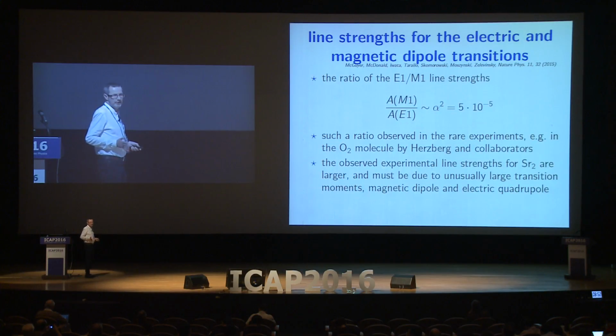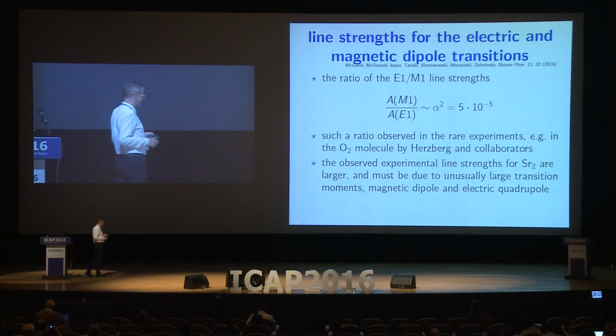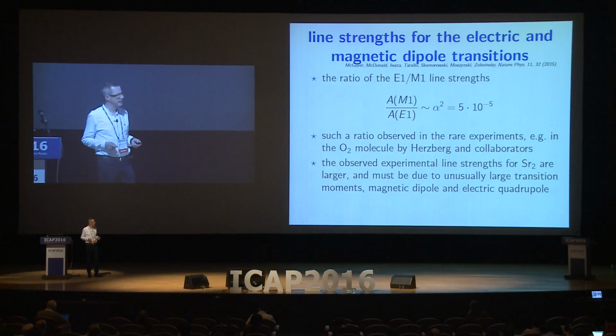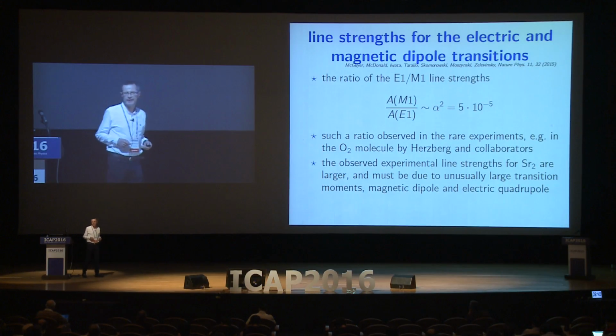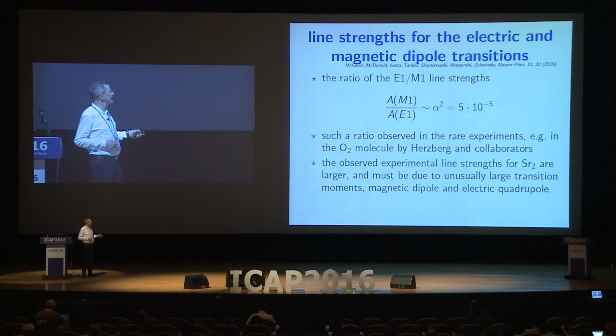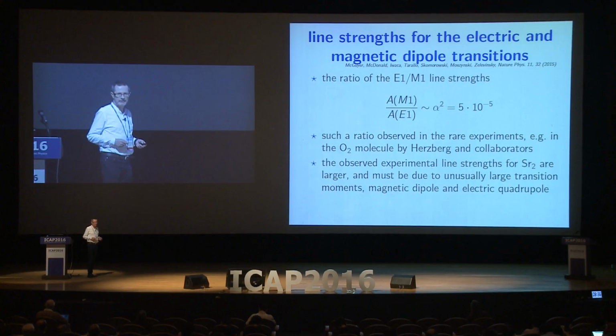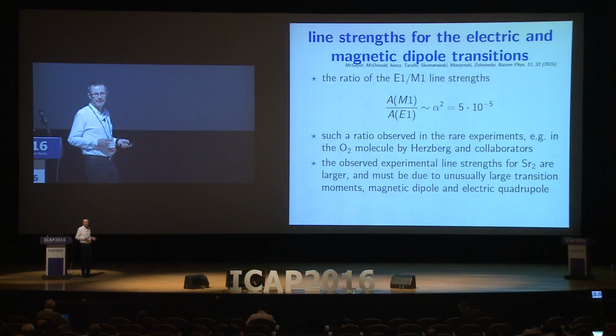So now we had to understand what's going on, just because we know that the ratio of the Einstein coefficients is proportional to the square of the fine structure constant, which is 5 times 10 to the minus 5. But in the case of strontium, the line strengths were one order of magnitude larger.